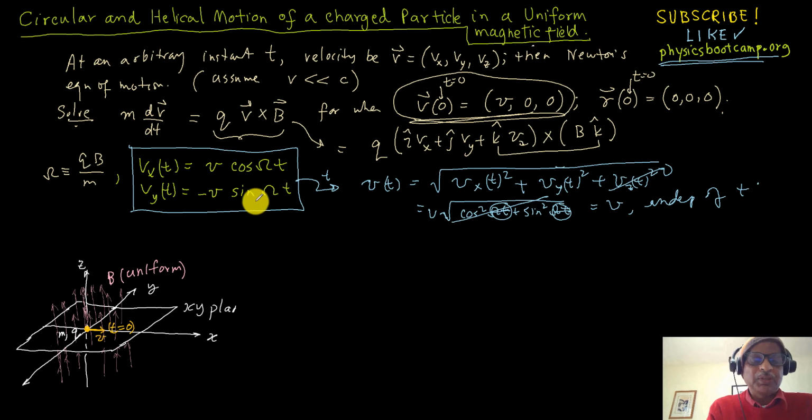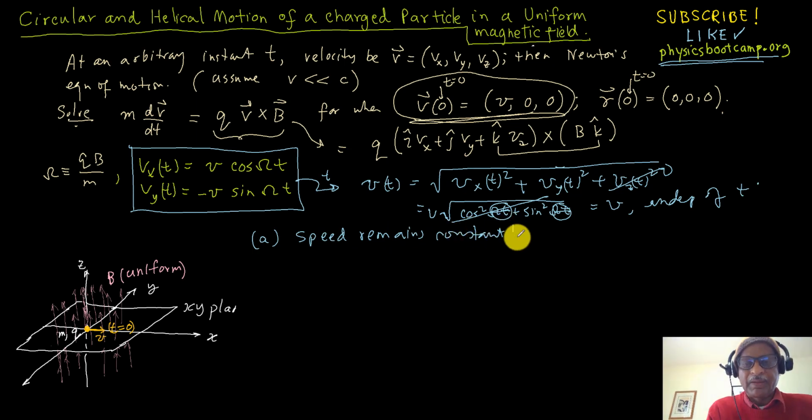So one of the questions was whether the speed of this thing changes. The speed remains constant. That just means this very important thing, that if you put a particle in a magnetic field, then its kinetic energy is not changing. That means the kinetic energy is independent of time, it does not change.